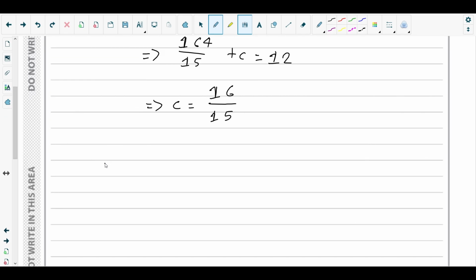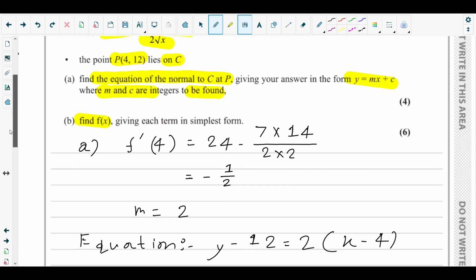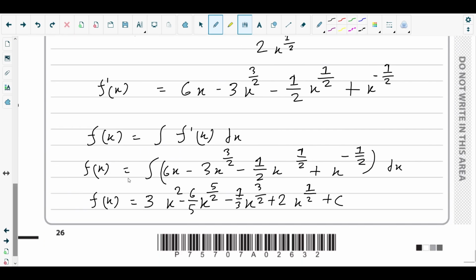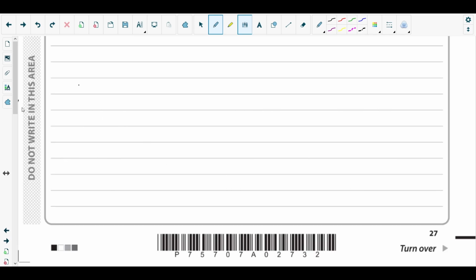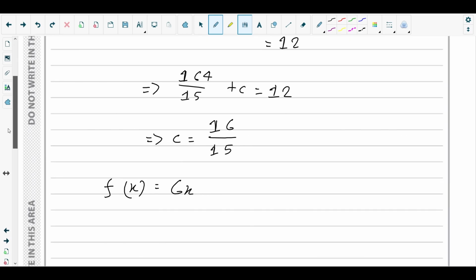That means the equation for f of x is 3x squared, negative 6 over 5 x to the power 5 over 2. So 3x squared negative 6 over 5 square root of x to the power 5, right?